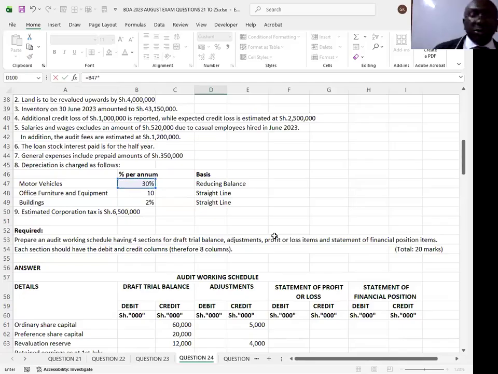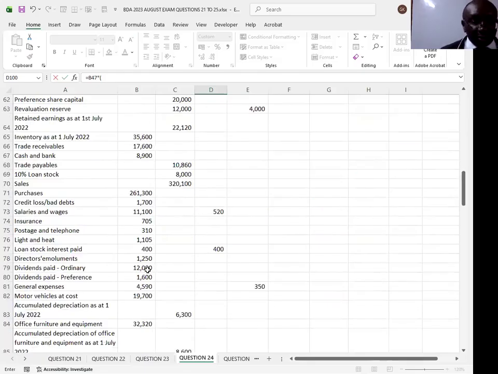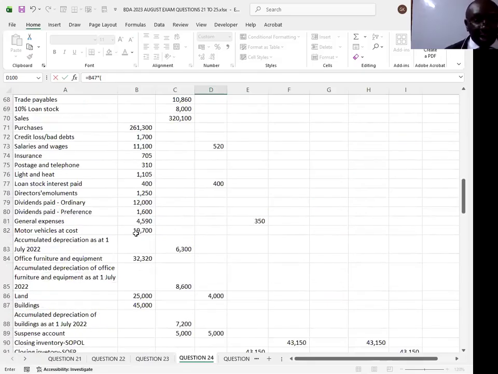Times, because we are told it is a reducing balance, we must get the current balance as at now. So times, open the brackets. Let's go look for the motor vehicles, the original cost. Here we are. This one. That is the original cost. You click on it.